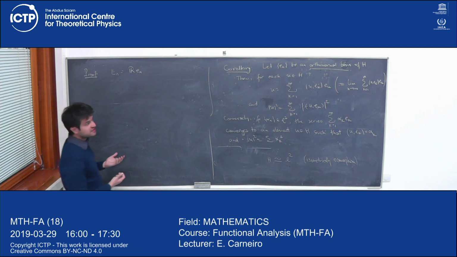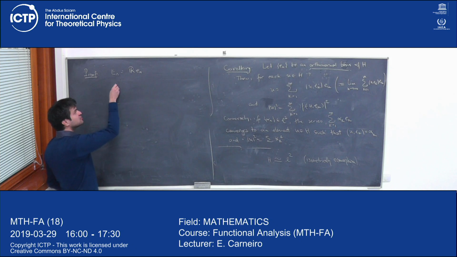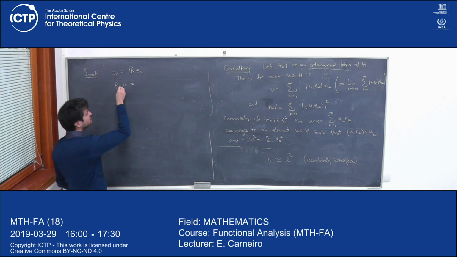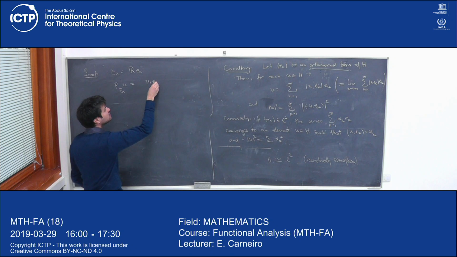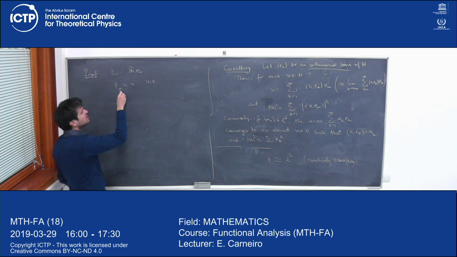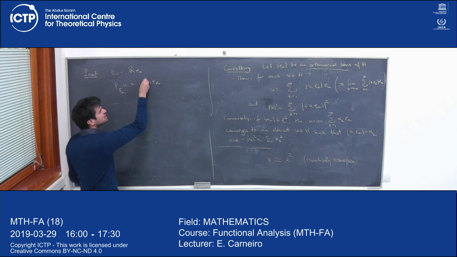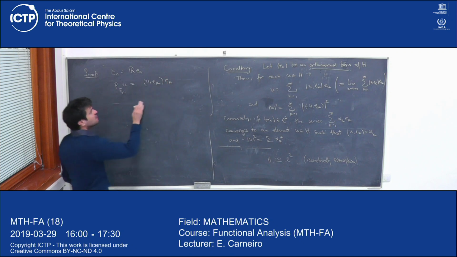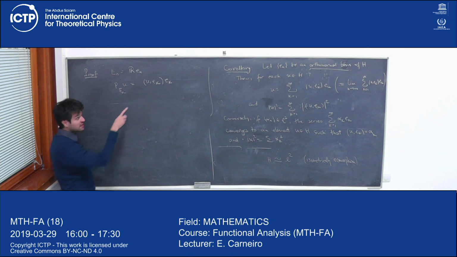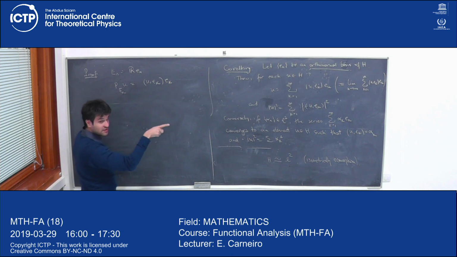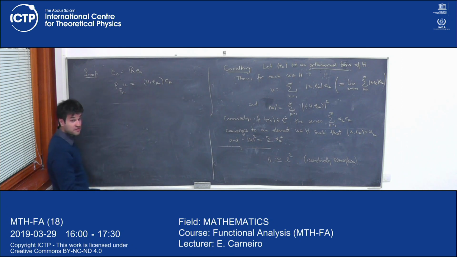Let's just prove that in this setting, the projection of u on E_k is just (u, e_k) times e_k. The projection of u over this subspace of dimension 1 has to be a multiple of the generator. This is just the right coefficient.